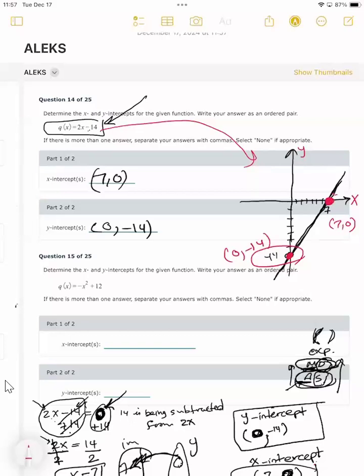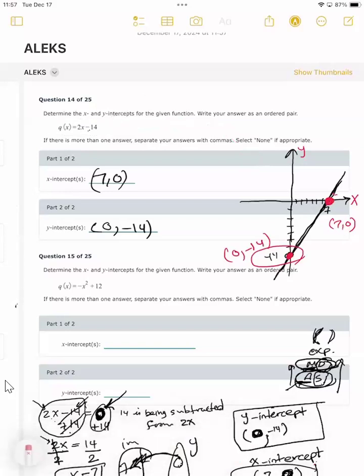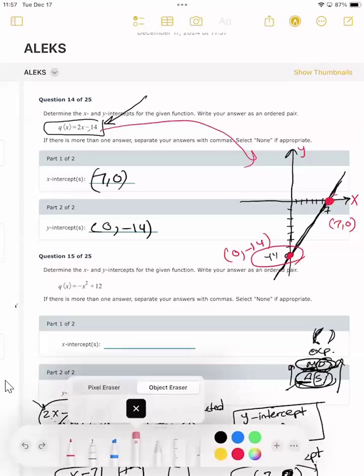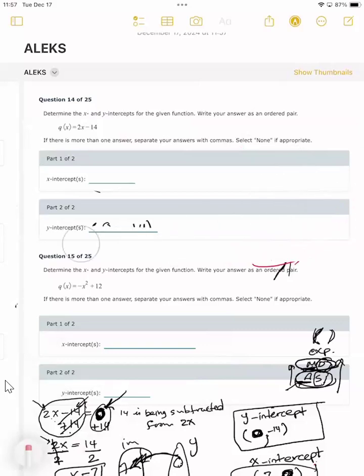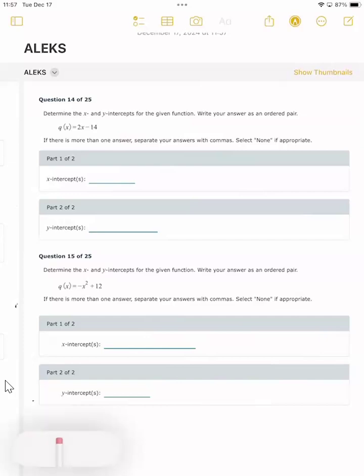And that is your xy intercept. So I'm going to, again, erase. So we had 7, 0, 0, minus 14.